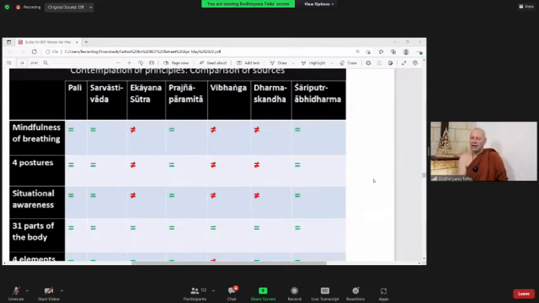So why is that? How does this connect with the idea of mindfulness of breathing that I was talking about before? Because I'm saying mindfulness of breathing is the main way of doing Satipatthana.